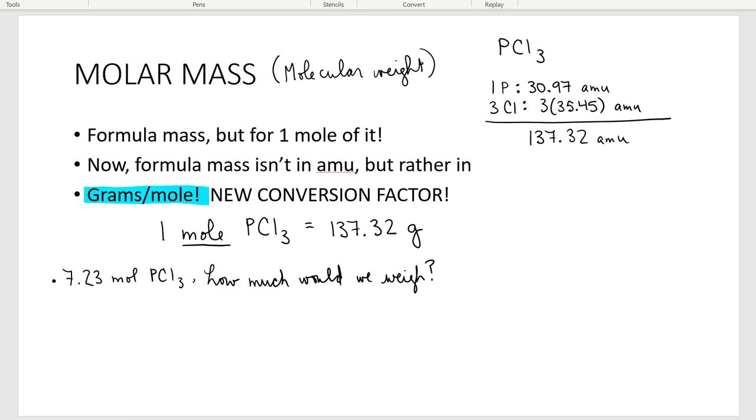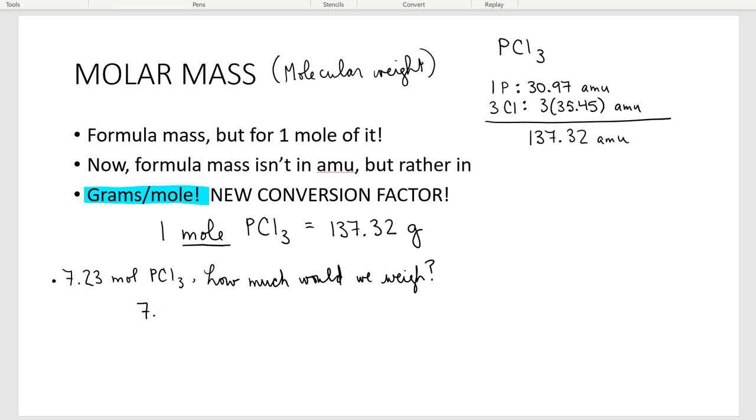For some reason you're doing an experiment and you know that you want exactly 7.23 moles of phosphorus trichloride. How much of that phosphorus trichloride would you go to the actual balance and weigh out? You're going to use the molar mass in order to figure that out. The molar mass is gotten from the periodic table. You add up all of the individual atomic masses.